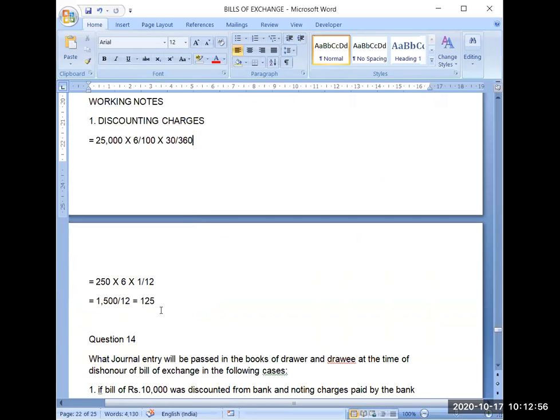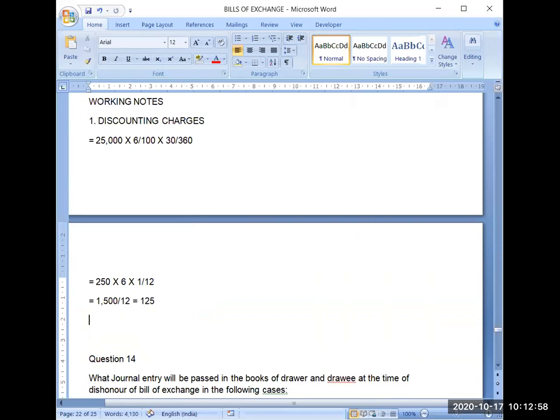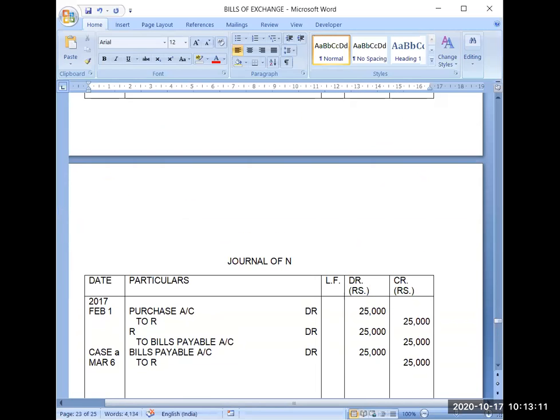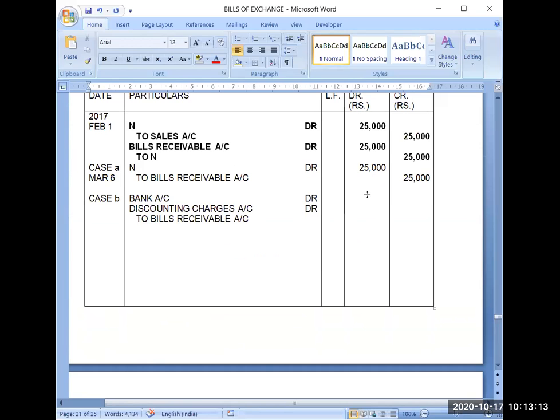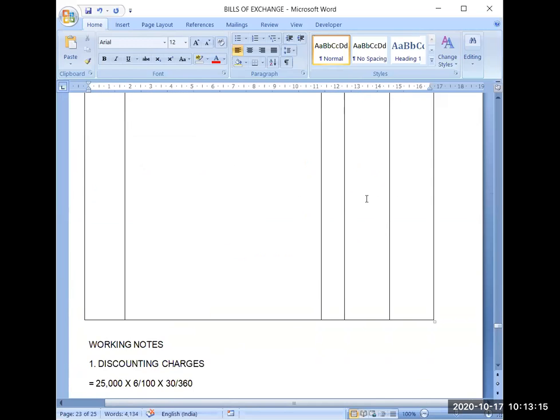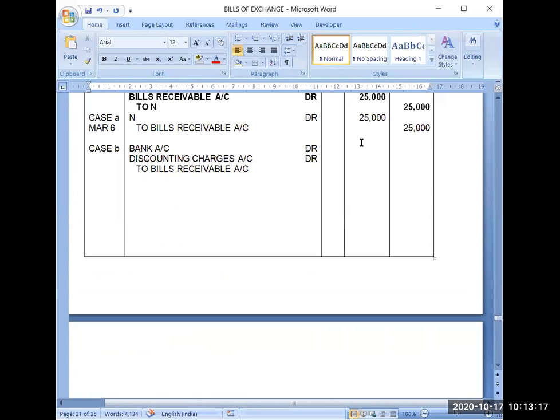So the total amount received will be 25,000 minus 125. I will be receiving 24,875. So here in bank, I will be writing 24,875.